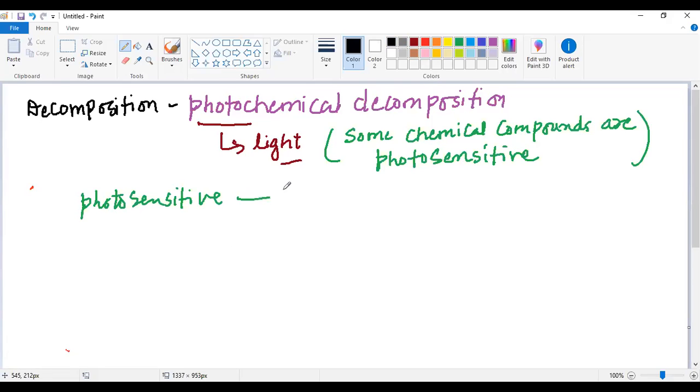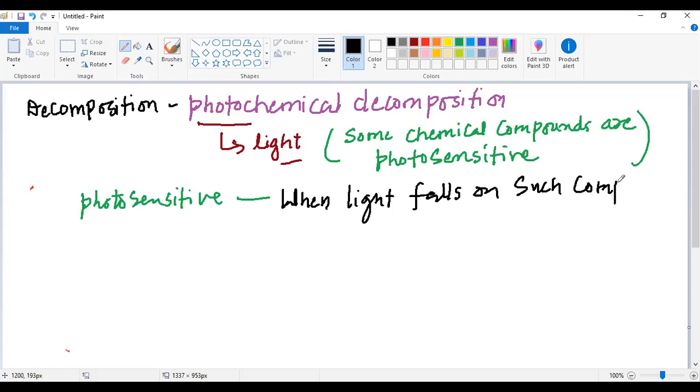Photosensitive means when light falls on such compounds, they are decomposed.